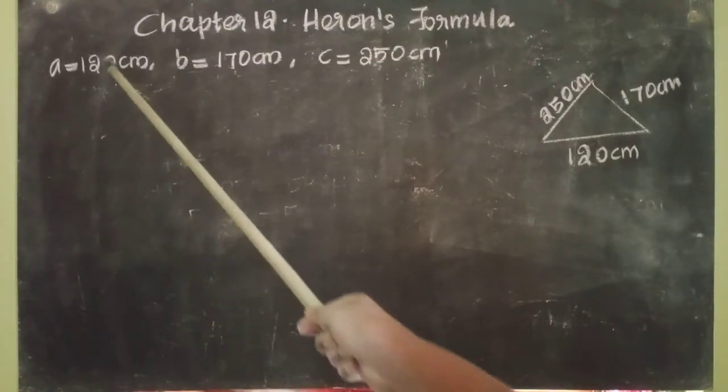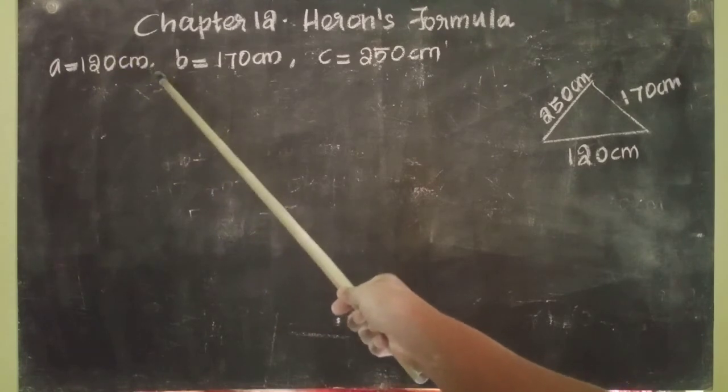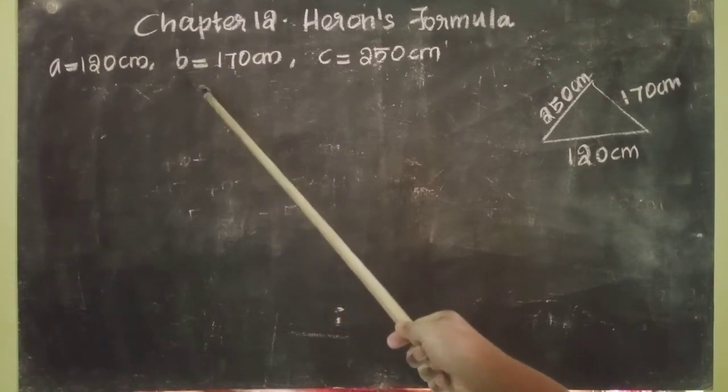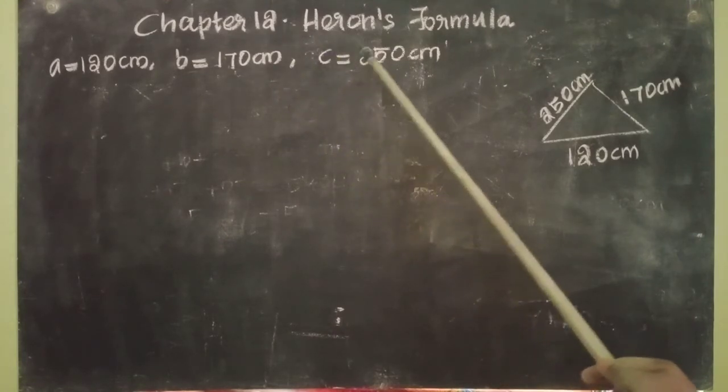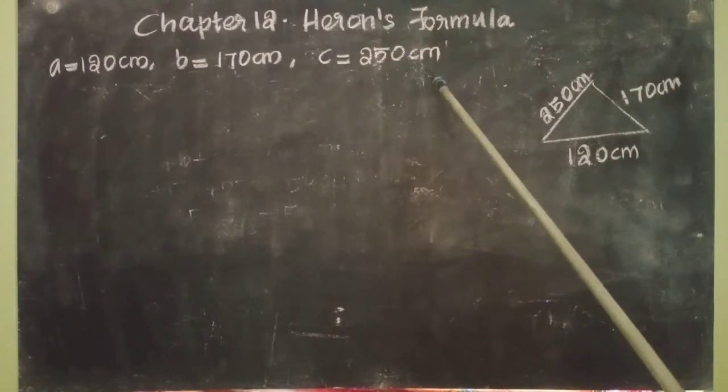So let us write a equal to 120 centimeter, b equal to 170 centimeter, c equal to 250 centimeter.